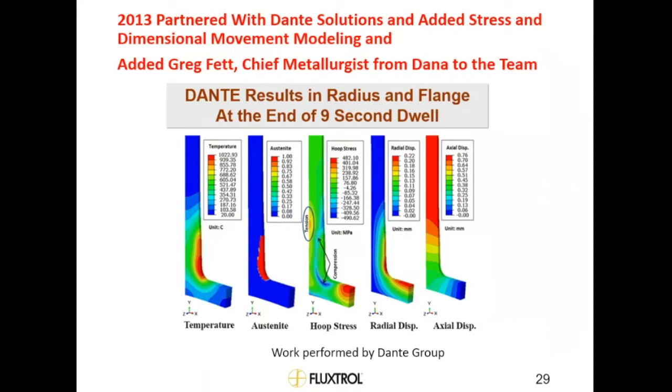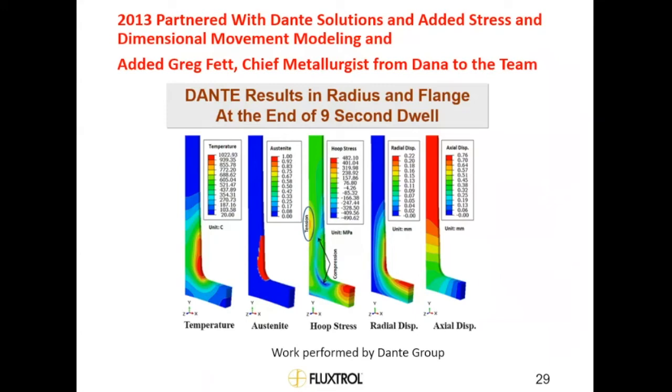So we partnered with Dante Solutions because they, one, were kind of adventurous folks like we were, and they also had specific metallurgical expertise, which we, being electromagnetic and thermal people, did not have.